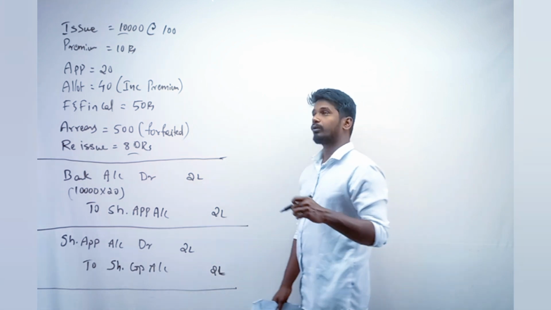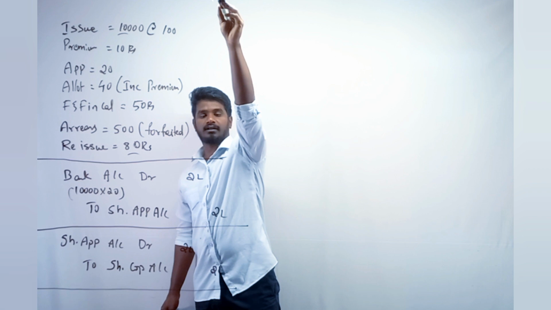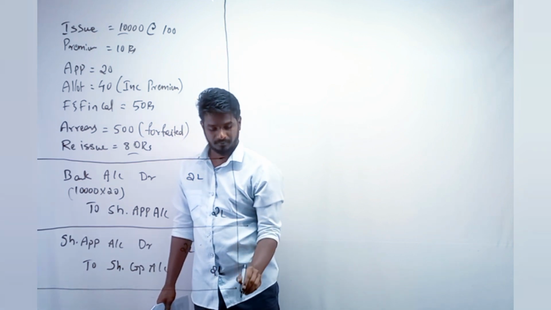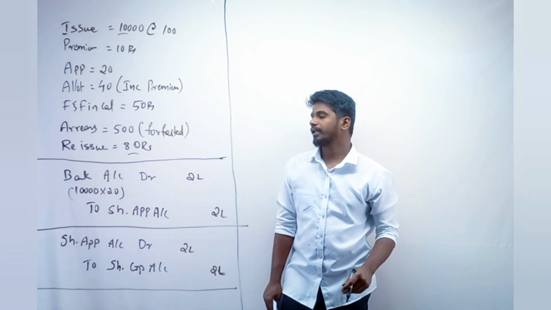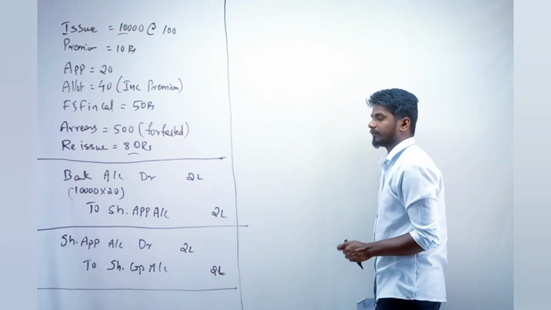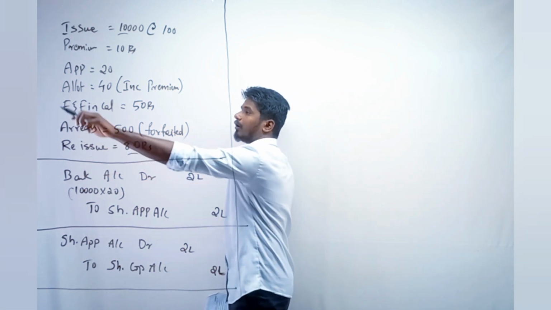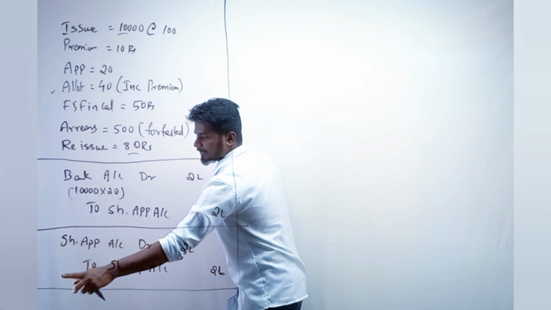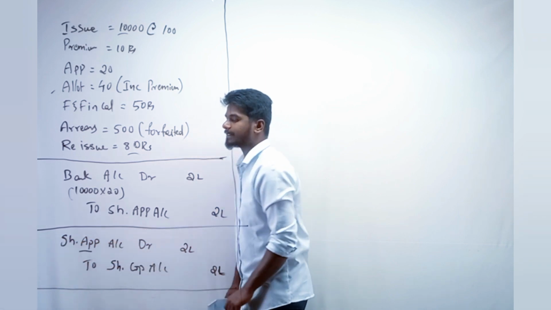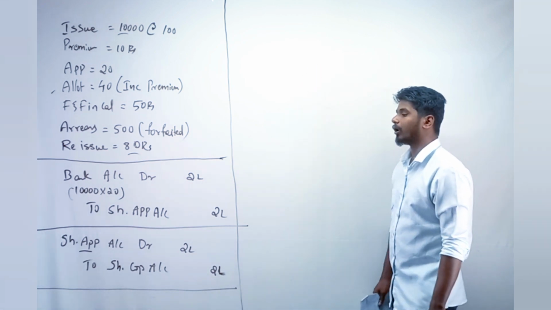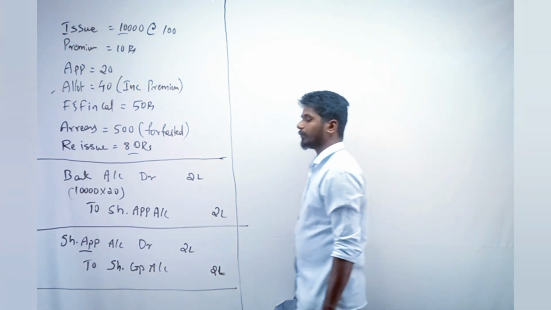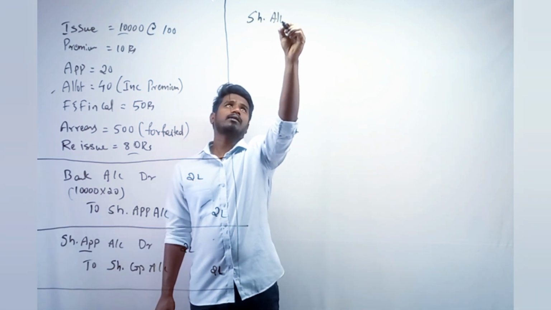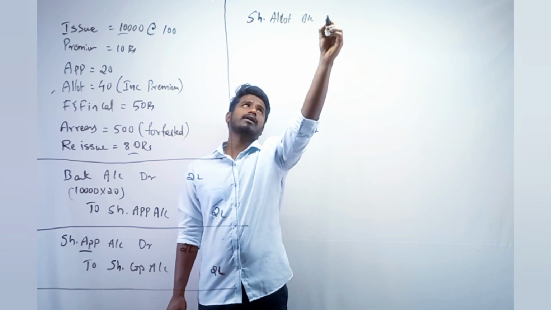So we'll go to the next entry, the second entry, and then I will explain. This is your first entry. The second entry will be for allotment. Correct. Just use these entries, just change the name. Here it is application, you should write allotment in the second entry. So share allotment account debit.